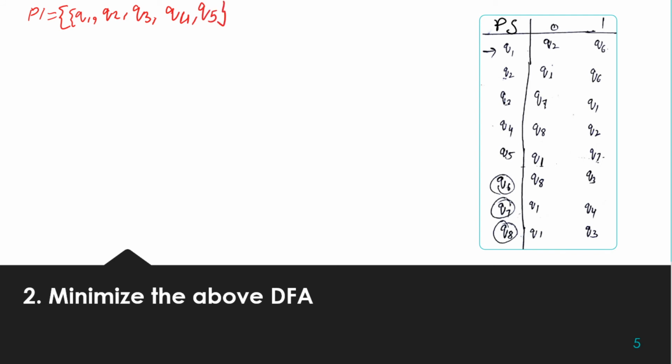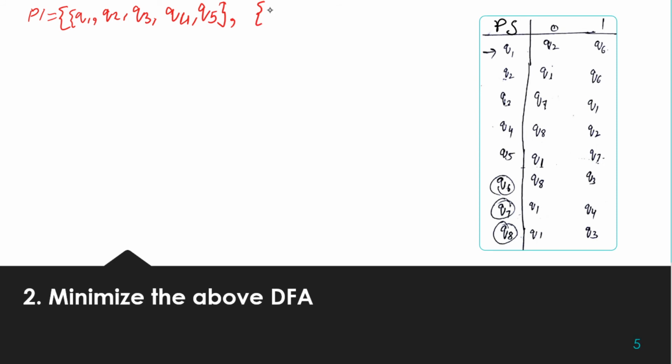So these are the non-final states, and the group of final states has Q6, Q7 and Q8. As we have more than one state in both the groups, we have to repeat the complete process of finding the non-distinguishable or the similar states within both the groups.